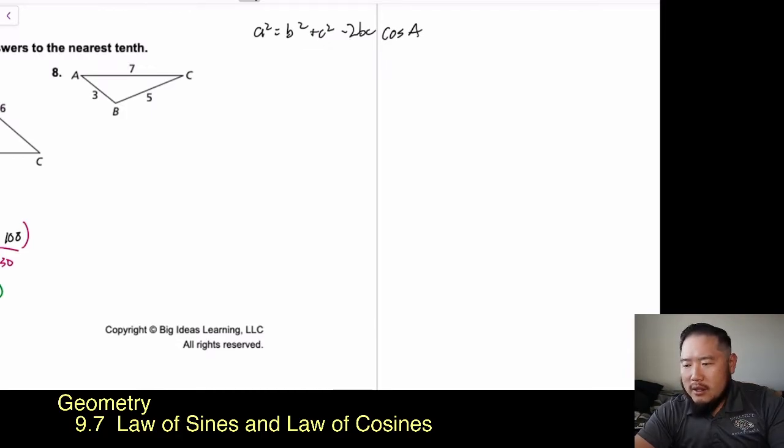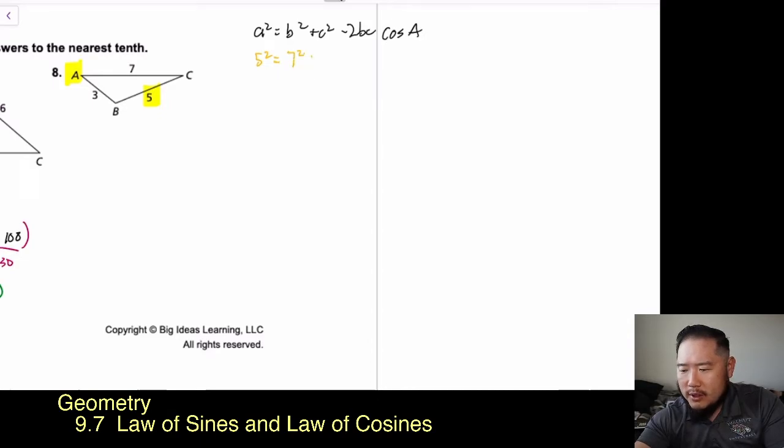Well, we'll plug things in. Let me highlight in our triangle. All right, we have angle A, and opposite of angle A is 5. So let's start plugging things in. I could plug in a 5 for A. So we got 5 squared is equal to, opposite of angle B would be side B, which is 7.